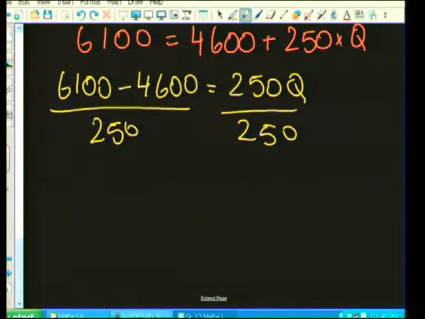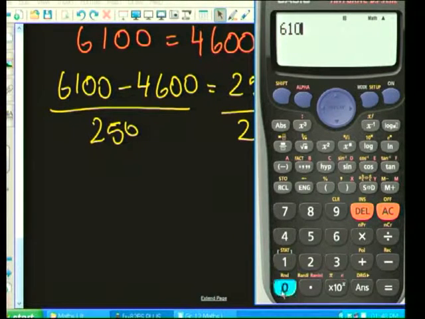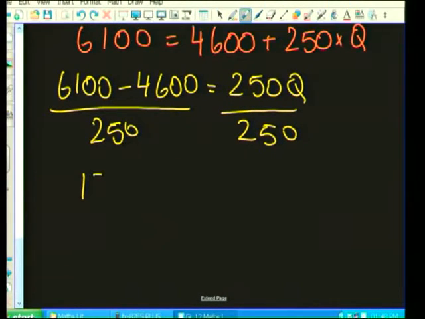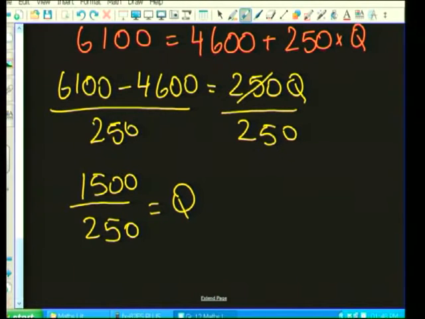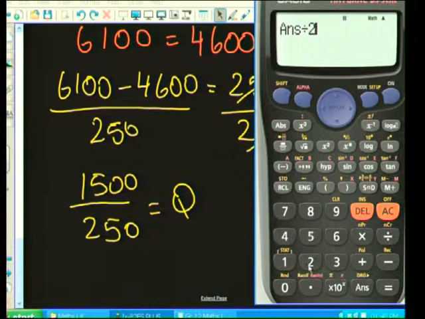On my calculator, I'm going to say 6,100 minus 4,600 equals 1,500. So this is 1,500 divided by 250, and that's going to give me Q. Because remember, those cancel. So on my calculator, divide by 250, and Q is 6.